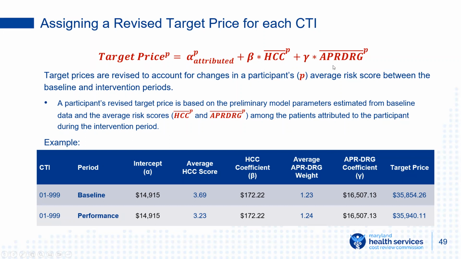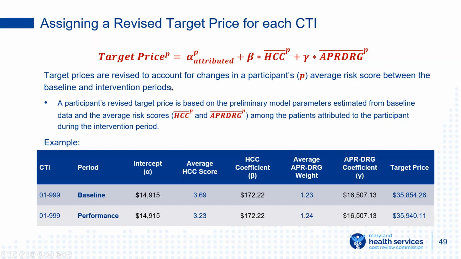For those models that include the APR-DRG, we would calculate the average APR-DRG weight for all attributed beneficiaries for that CTI definition, plug that into the model, and then by summing those up and calculating this equation, we would get the estimated target prices.